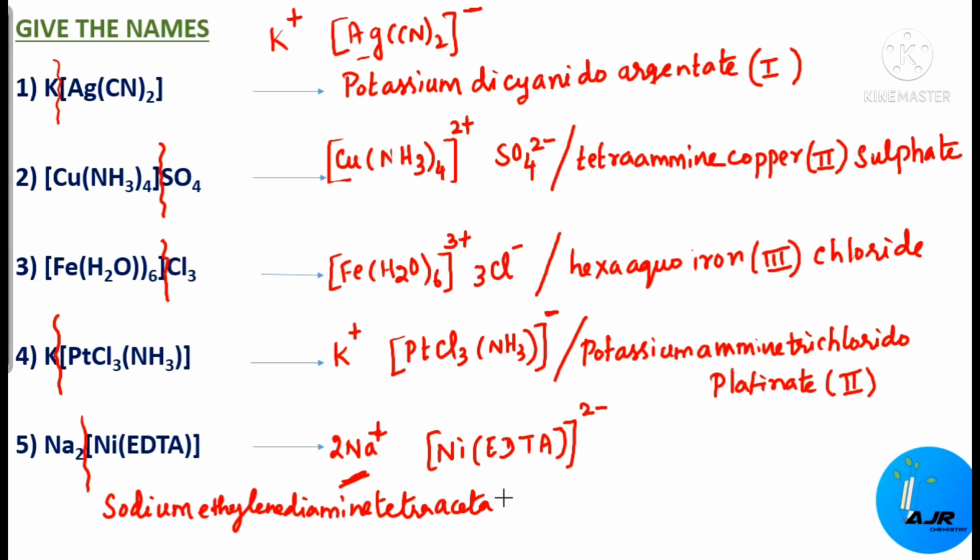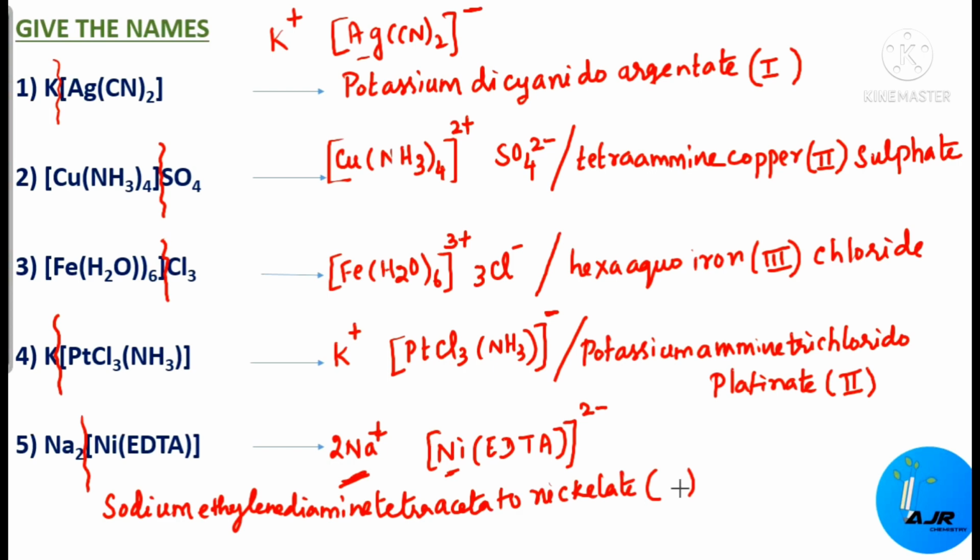Instead of acetate, we will be writing tetraacetate. And then comes the central metal atom, nickelate. Then we should write the oxidation number.